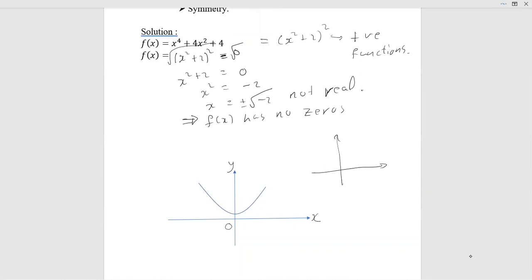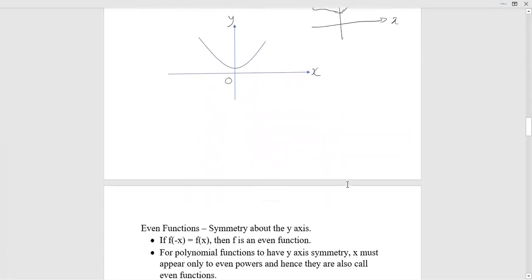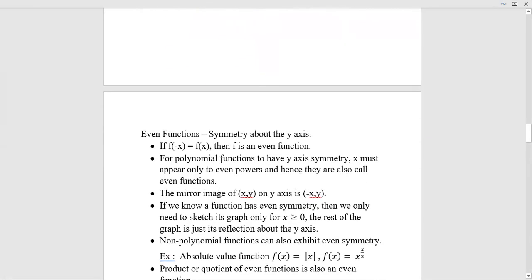We can assume we have a minimum value here because when x equals 0, this equation reports the lowest value. Therefore, we can assume there is a minimum value, but besides that, we don't know the rest of the graph, how it's behaving, right? Okay.